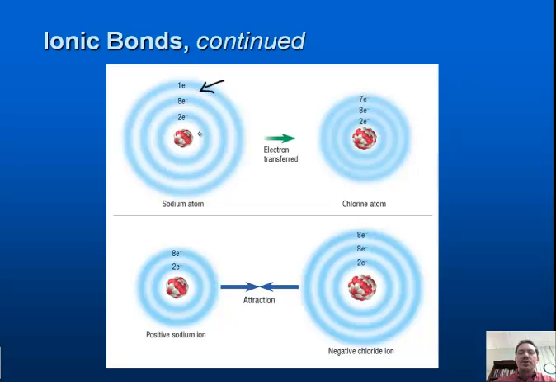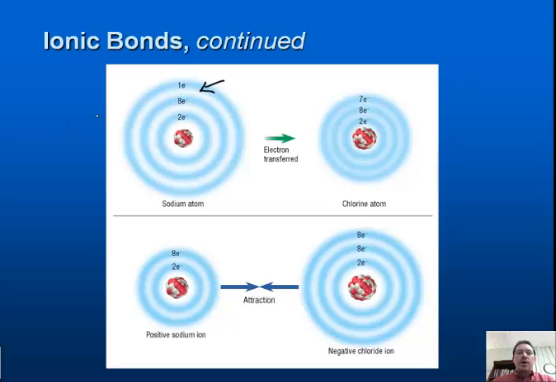When the sodium and chlorine atoms are close together, you can ask yourself: is it going to be easier for a sodium atom to lose 1 electron or gain 7? It all comes down to energy. Which one is going to take the least amount of energy? Because atoms are lazy. They want to use the least amount of energy in order to become stable.